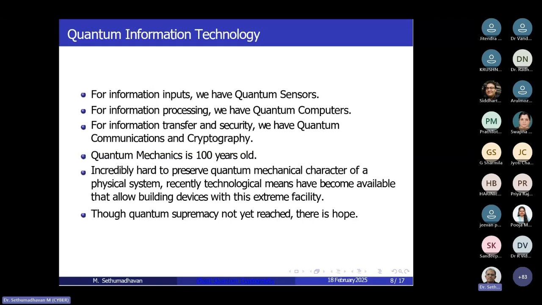Quantum supremacy is when a computation algorithm is available which cannot be done by a classical computer, GPU or whatever it may be, but it can be done by a quantum computer at some stage. We don't know when it will come, but there is a hope. That is the reason the Indian government is spending 6,000 crore rupees on the national quantum mission. Maybe 10 years, 15 years, we don't know.